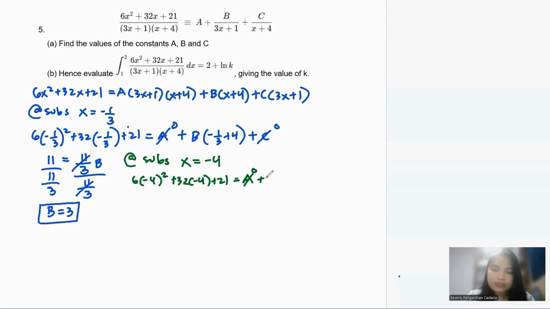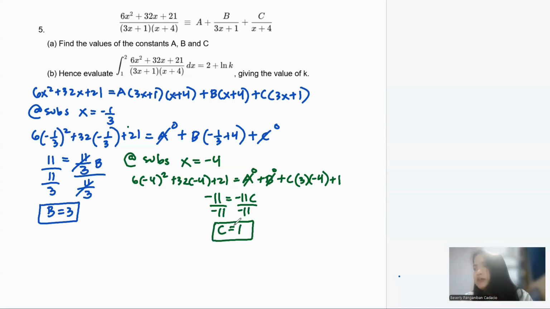The B will be canceled as well because you have x plus 4 there, so you only show the substitution in your C, which will be negative 4 plus 1. The left side value is negative 11, and the right side value is negative 11C. Divide both sides by negative 11, and your C will be just positive 1.